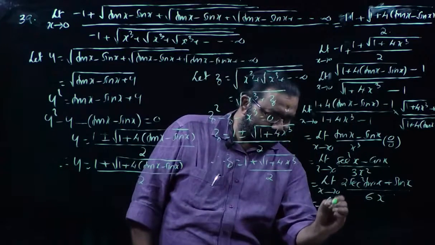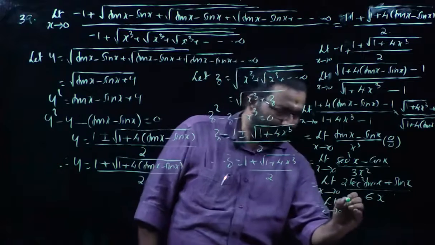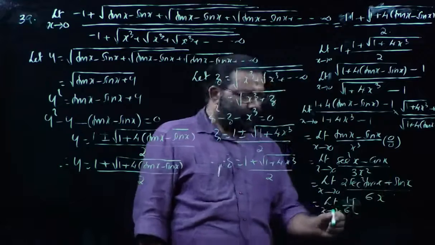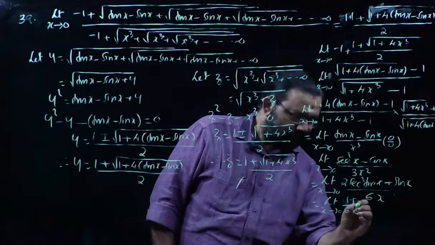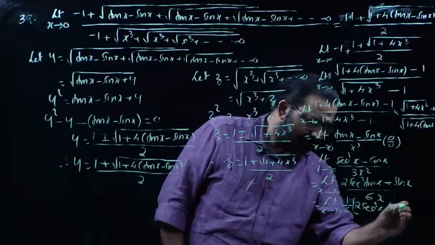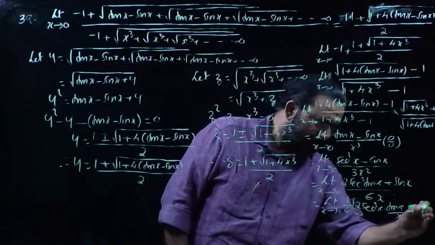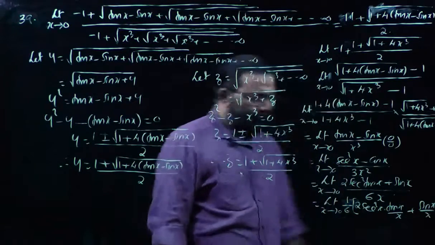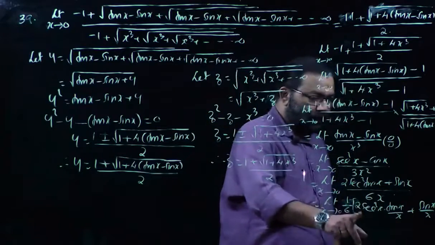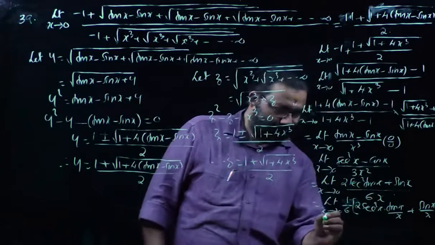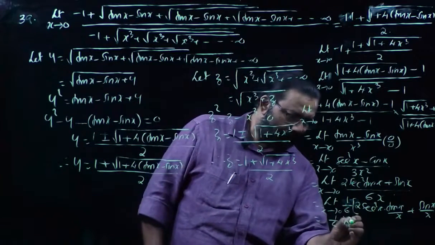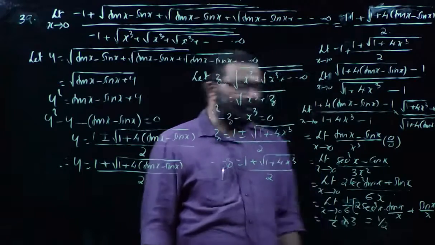So this is limit x tends to 0, 1 by 6 taken outside, 2 secant square x into tan x by x plus sin x by x. As x tends to 0, sin x by x as well as tan x by x tends to 1. 2 plus 1 becomes 3. So answer becomes 1 by 6 into 3. That becomes 1 by 2.